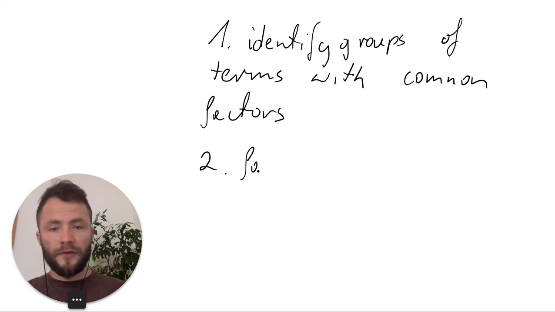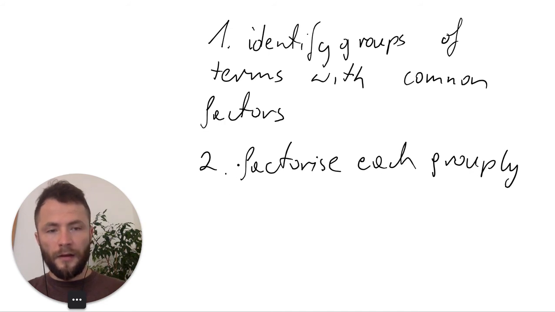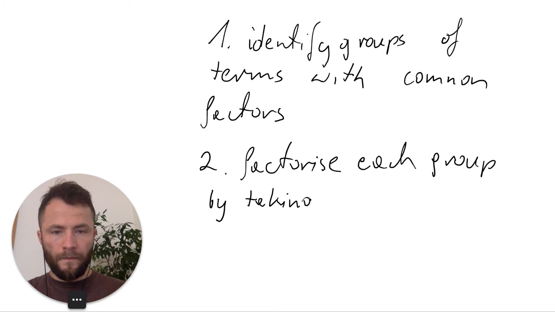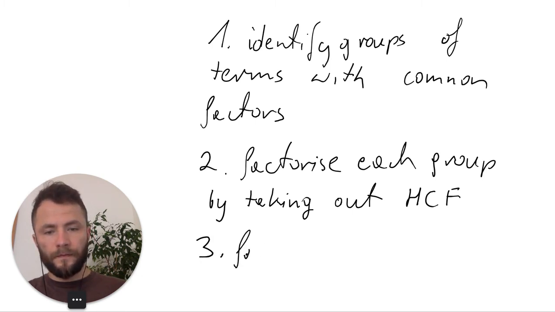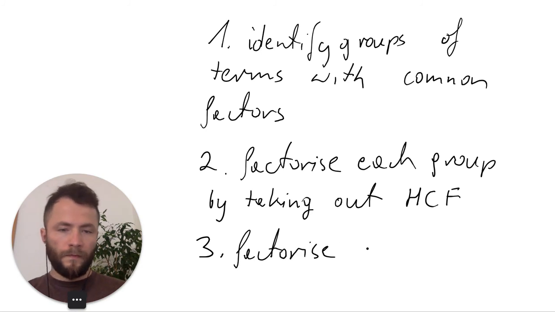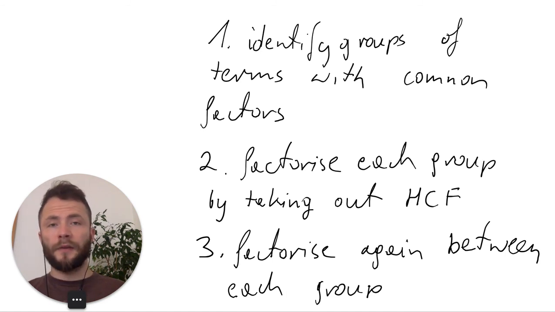Secondly, factorize each group by taking out the highest common factor, and then factorize again between each group. And that's it, as far as factorization by grouping terms goes.